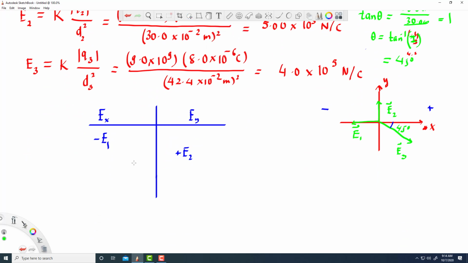So what's the x component of E3? This thing is the x component, and it is E3 cosine 45 degrees. This is the y component, which is E3 sine 45 degrees. Hopefully you already dealt with this in your physics 1 multiple times to find x and y components.